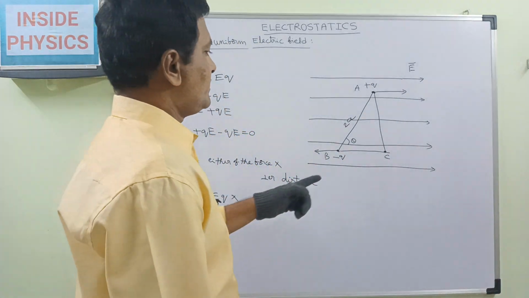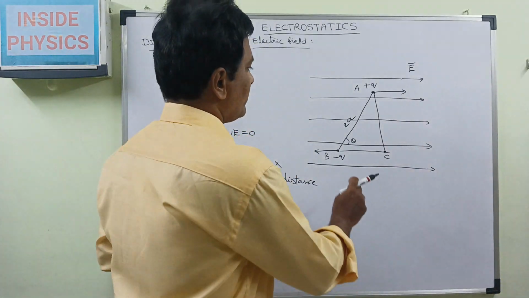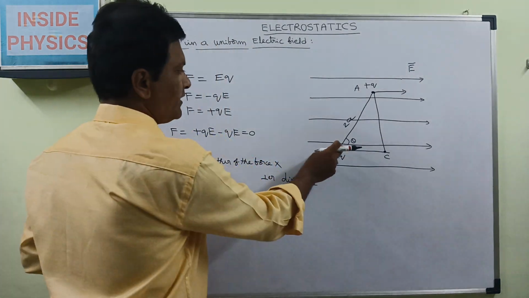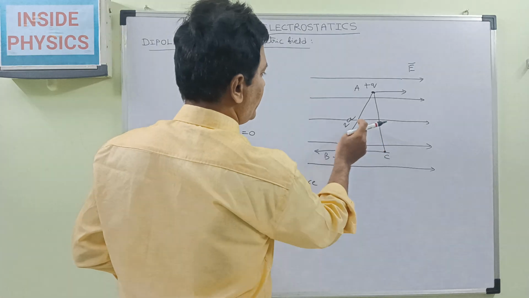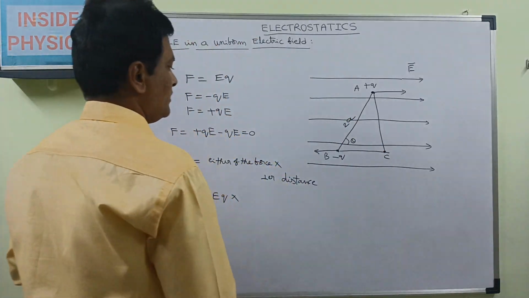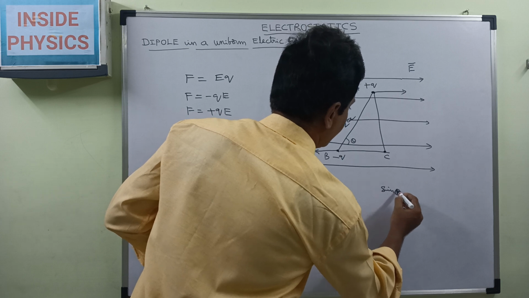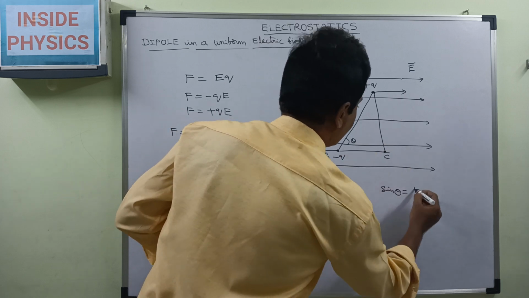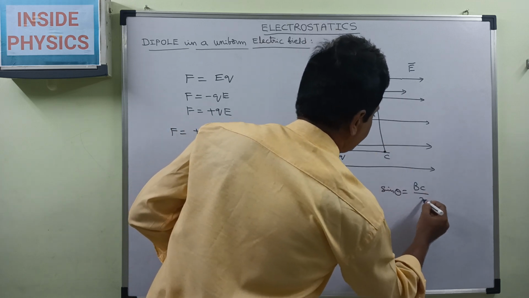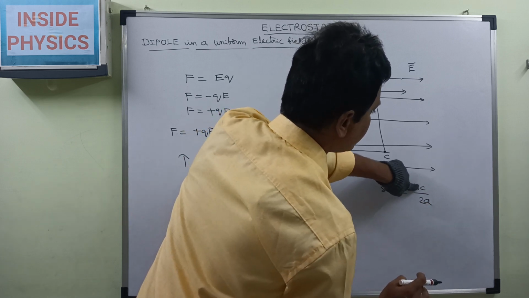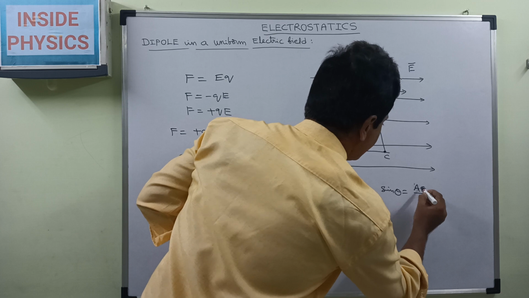We know that AC can be found from sine theta, which is the opposite side by the hypotenuse. So sine theta is equal to AC by 2a.